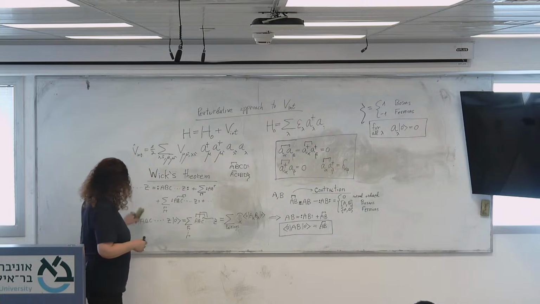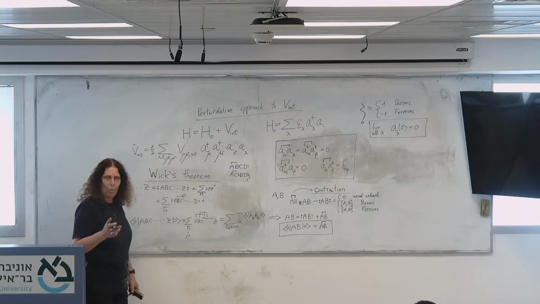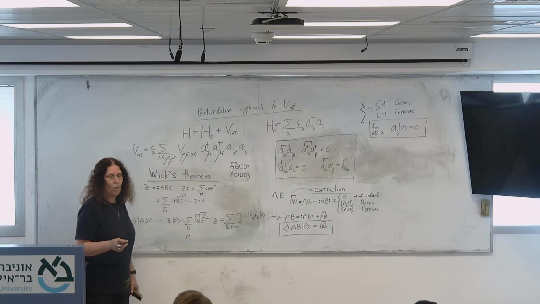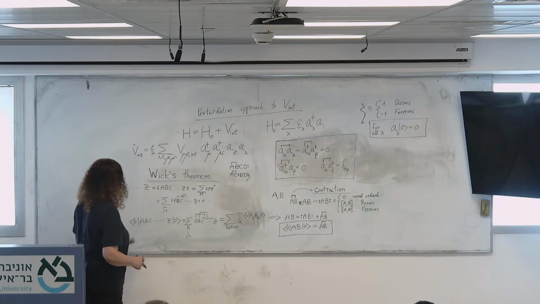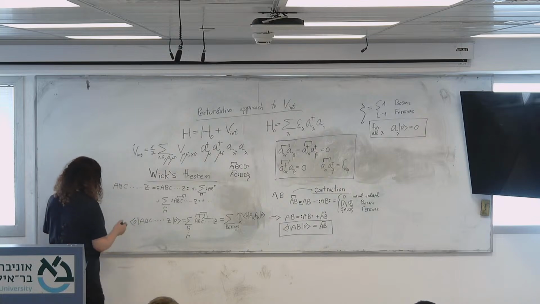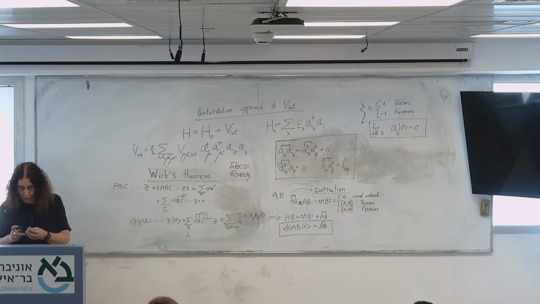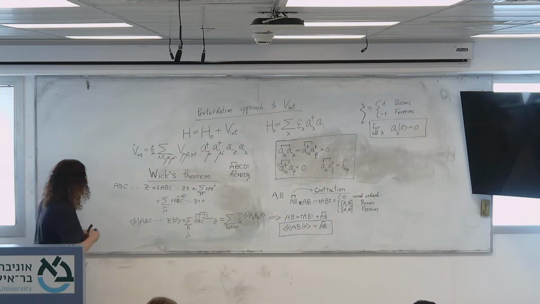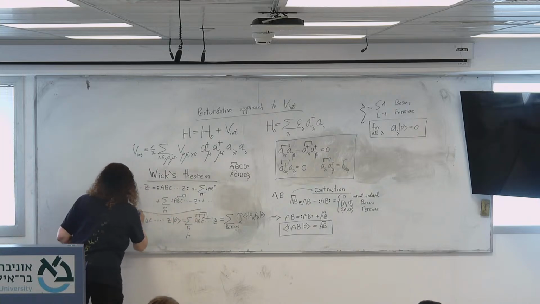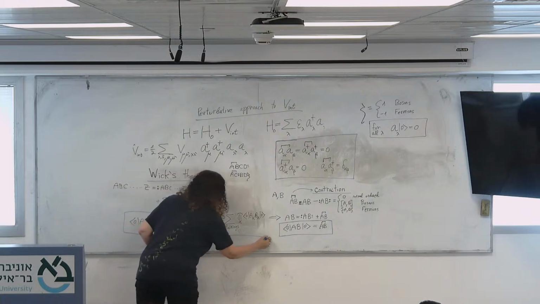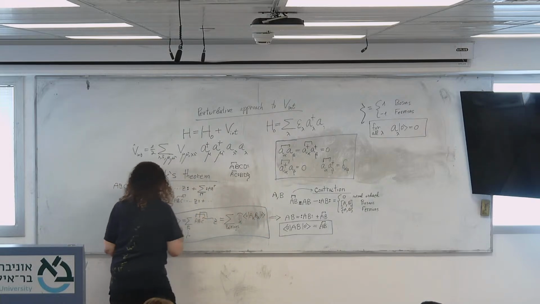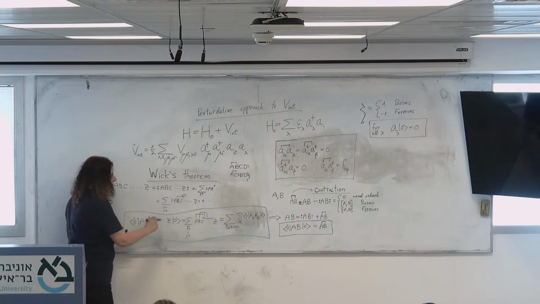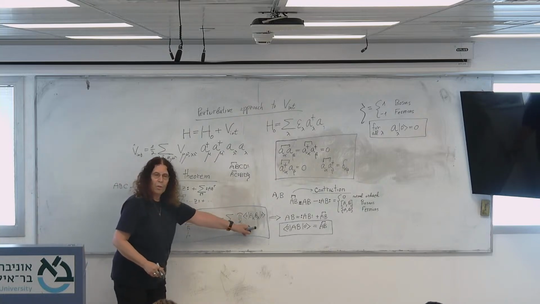Then I don't have to do any calculation. The vacuum expectation value will always be 0. Always. Okay? So what I have here, let me put it in a box, because this is like the most useful identity we're going to use.